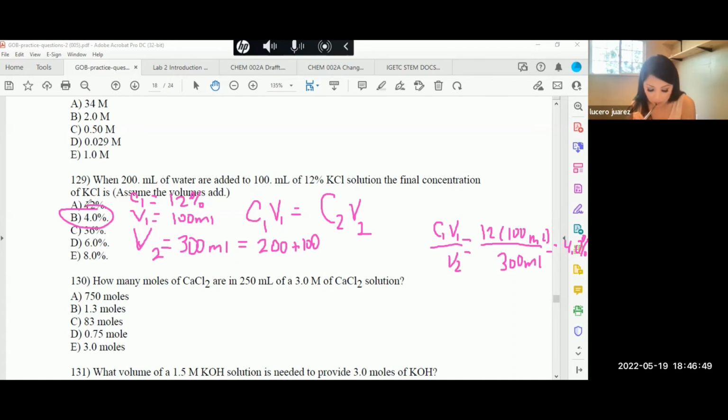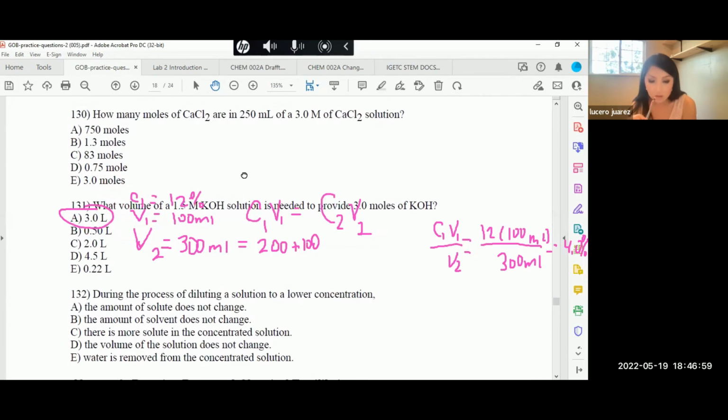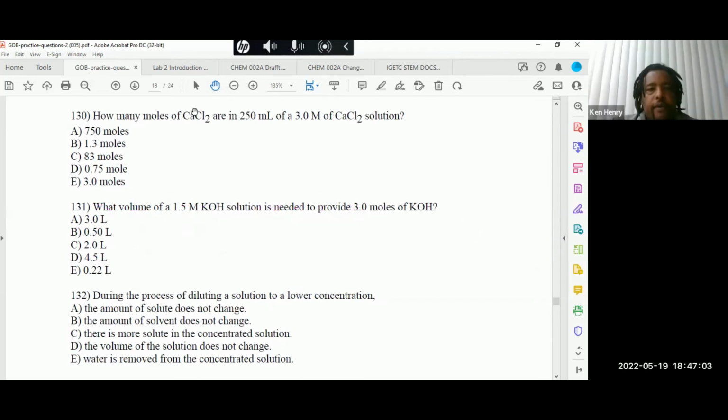And then 130, how many moles of CaCl2 are in 250 milliliters of a 3.0 M CaCl2 solution? So how would I do that? So I know that this molarity means what? What does molarity mean?